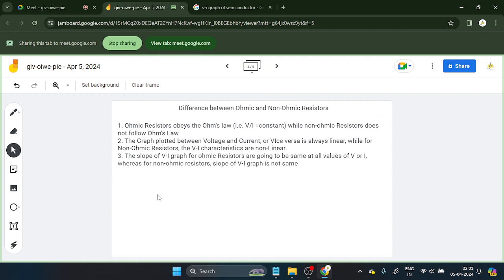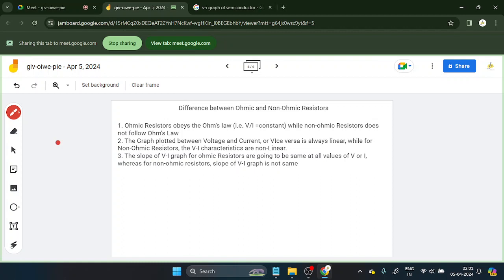Now I am going to tell you a very important relationship, which is really very important. That is the resistivity. But for discussing the resistivity, I need to first tell you the factors on which the resistance depends.